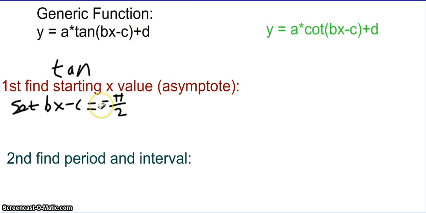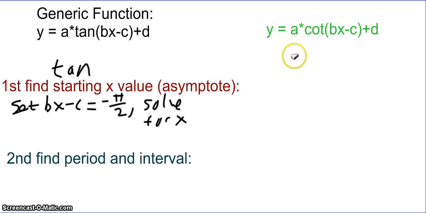This is not the phase shift for tangent. If we want to find the horizontal shift, we would still set bx minus c equal to 0. So we set bx minus c equal to negative pi halves, and solve for x. That will be your starting x value, which is also going to be an asymptote.